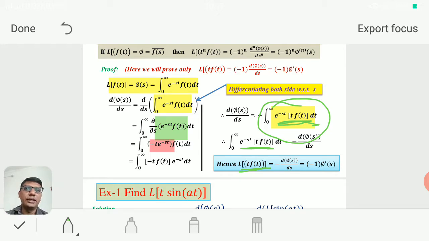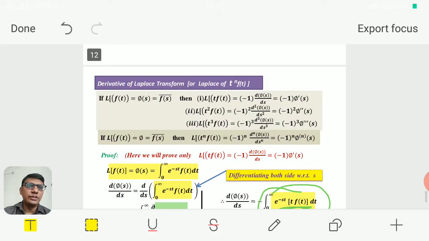Similarly, we can apply the previous formulas. If we multiply f(t) by t square, then we differentiate 2 times and we write the sign minus 1 square, so our answer will be plus 2 times derivative of Laplace of f(t). If we multiply f(t) by t cube, then minus 1 cube and 3 times derivative of Laplace of f(t), that is phi of s.